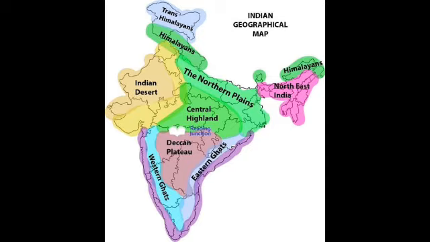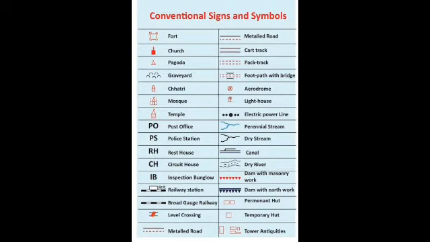As you know, maps are used for recording and showing a variety of information, such as political boundaries, relief features, social and cultural features like temples, buildings, railway lines, etc. But it is not possible to draw the actual shape and size of these features on a map.